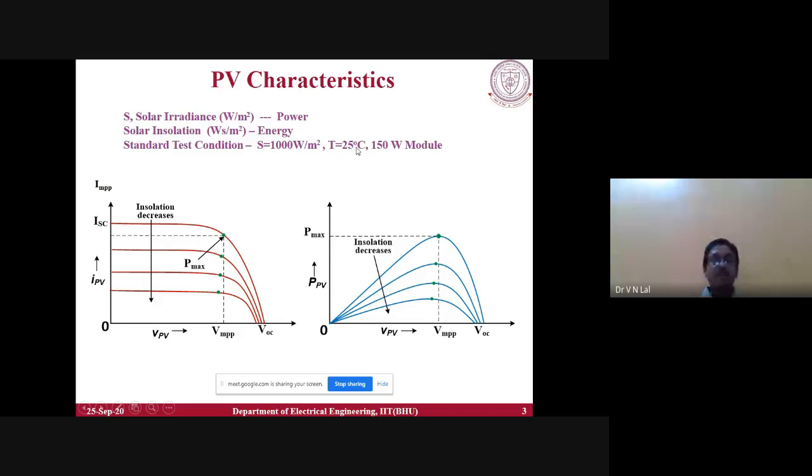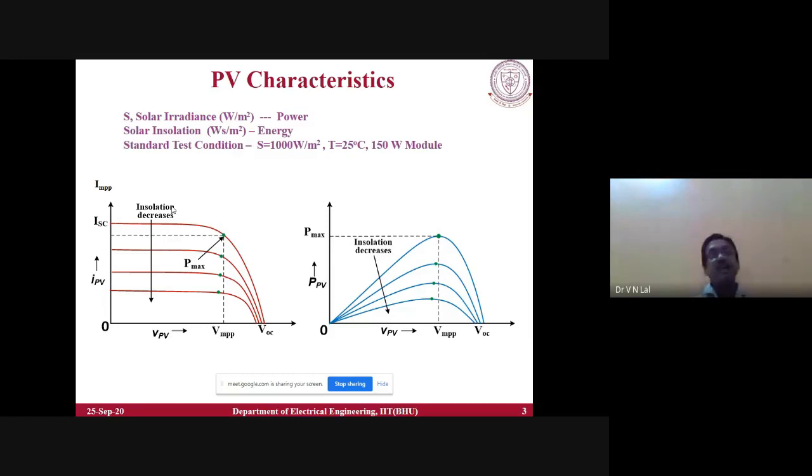Now, one more term introduced here is insolation. Insolation is generally confused with irradiance. It is understood as a synonym of irradiance, but it's not the fact. In the initial days, I was also confused with these two terms.